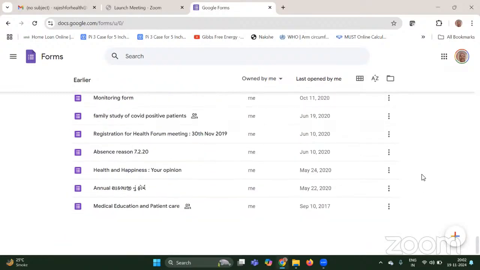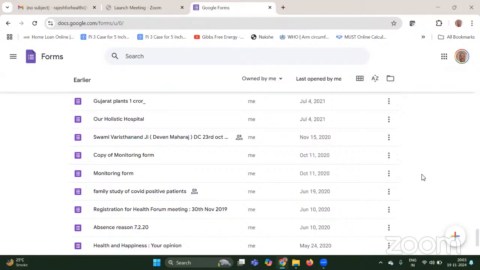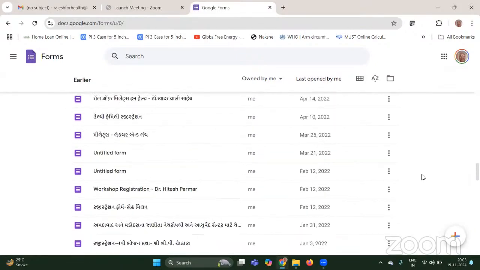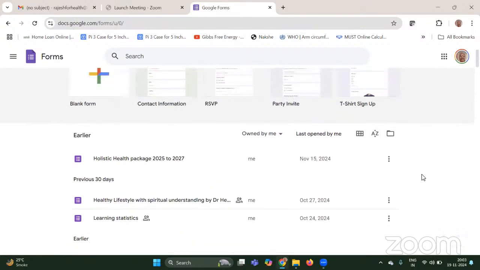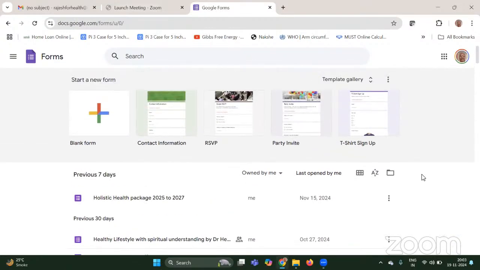And you can see the first form was probably made in 2017, on medical education and patient care. All these forms are ready. I can share them, and you can copy them also. You can prepare your own form from that. Suppose I need an assistant who can categorize for me and put something on the Google Sheet so that you can click and get that.